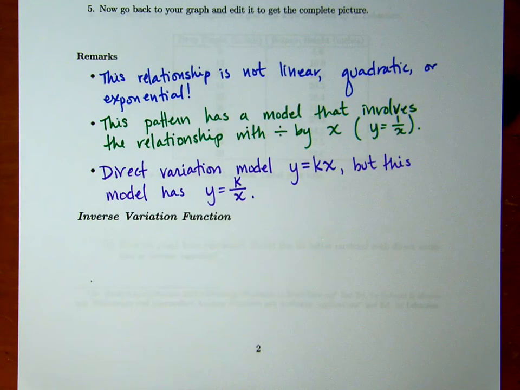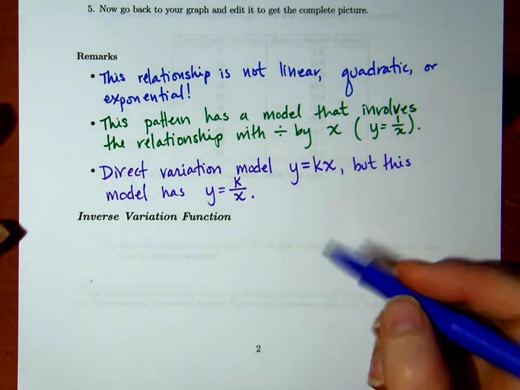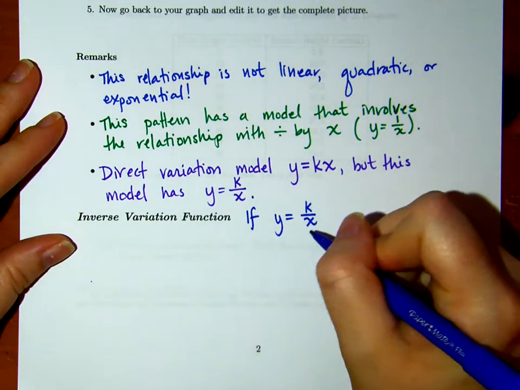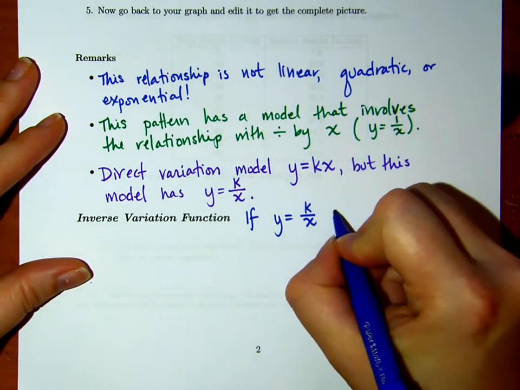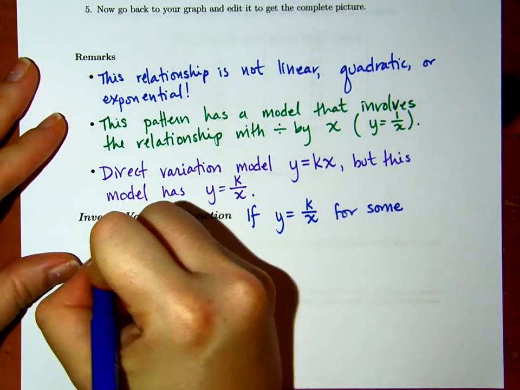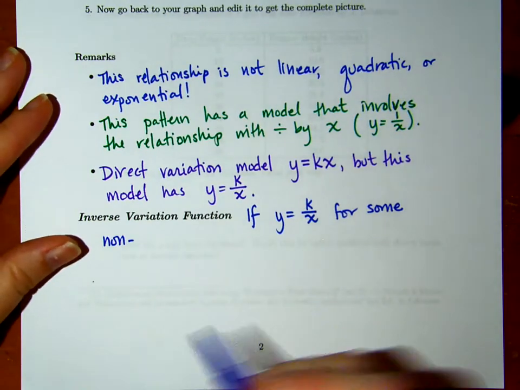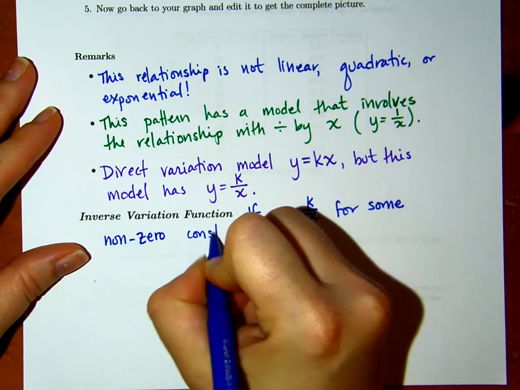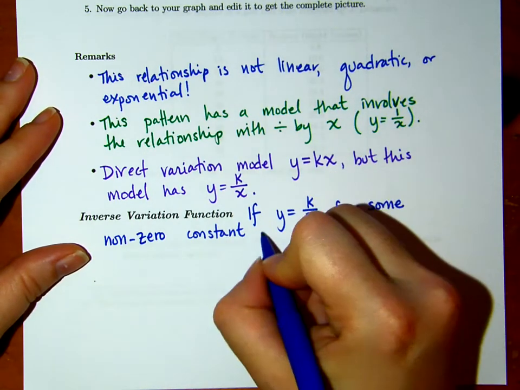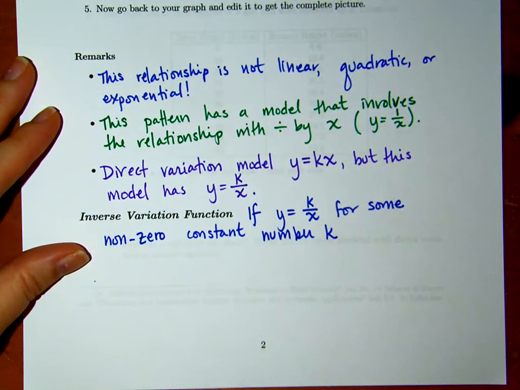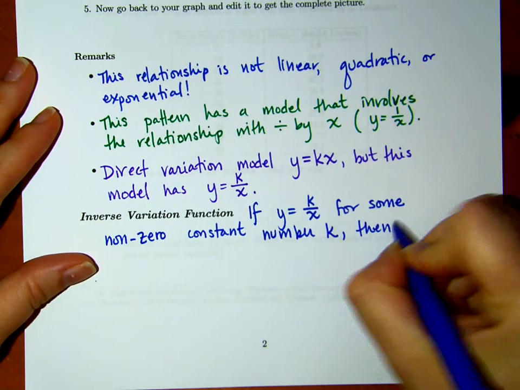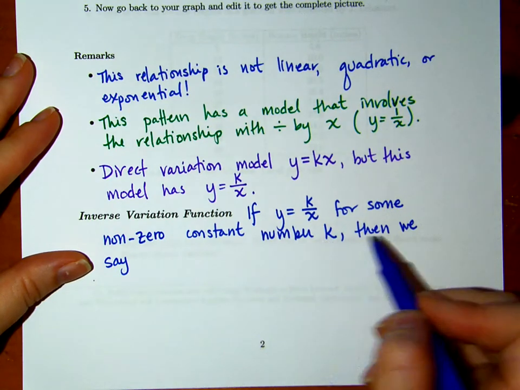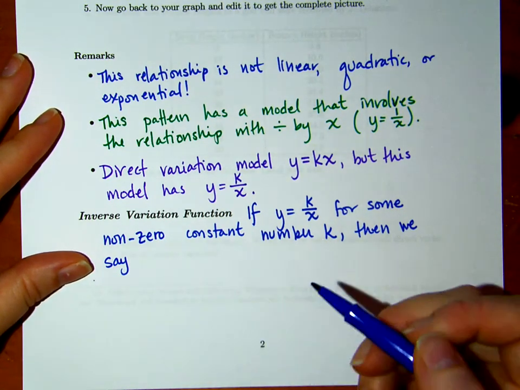So if y equals k over x, or k divided by x, for some non-zero, silly Abby, non-zero constant, so if y equals k over x for some non-zero constant number k, then we say y varies inversely with x.